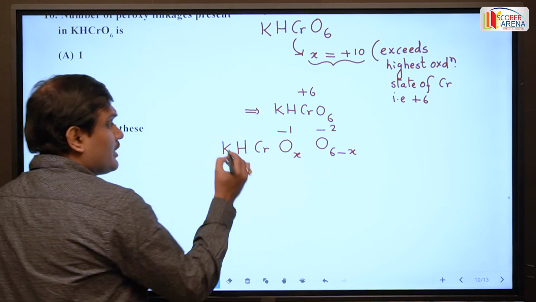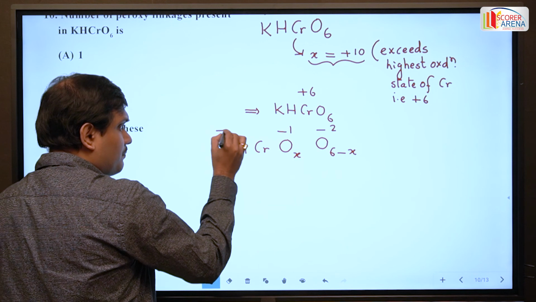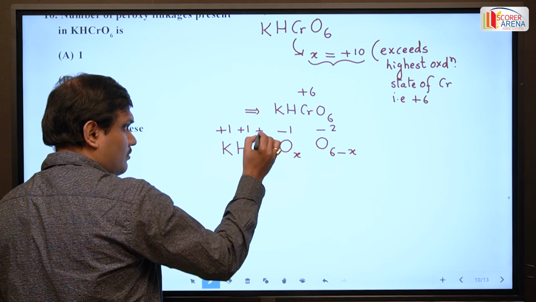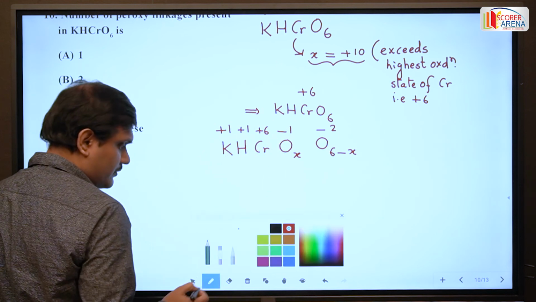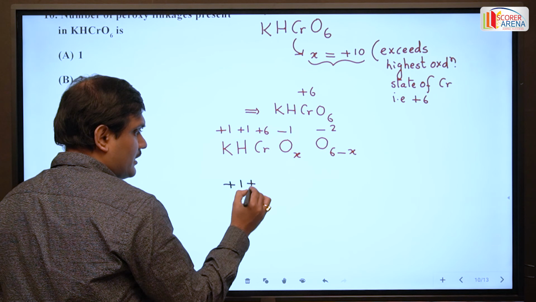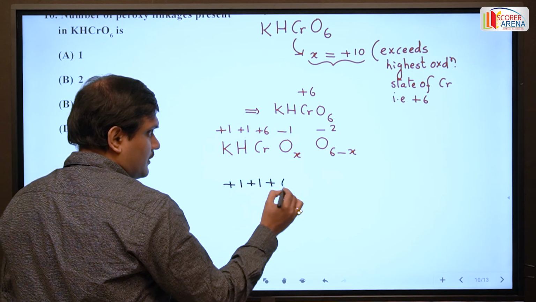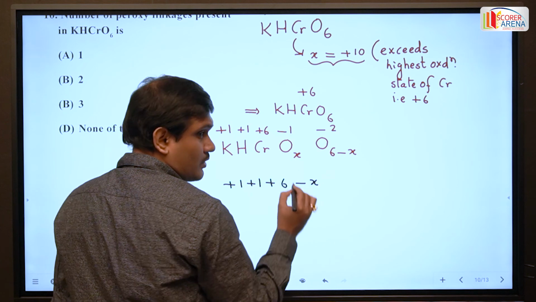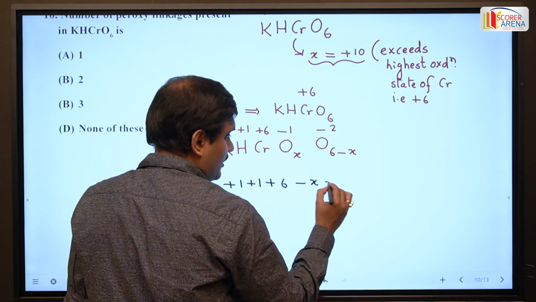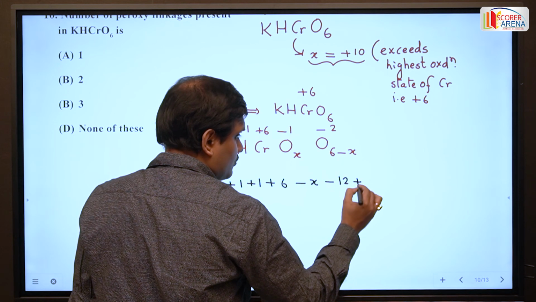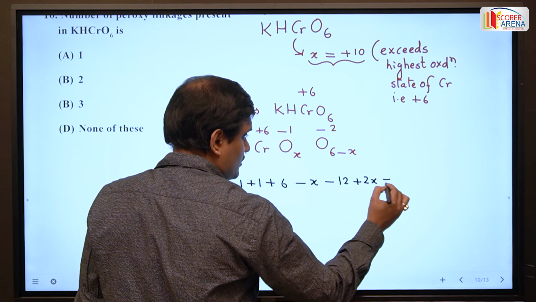Here definitely potassium +1, hydrogen +1, and chromium +6. So just frame that equation. X number of oxygen are -1, and the rest will give -12 plus 2X, which equals 0.